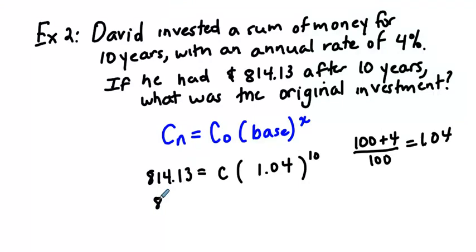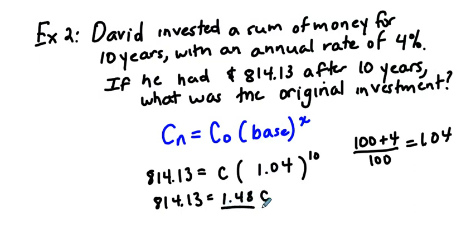Let's see if you remember this step. Convert to one value. 1.04 to the power of 10 is 1.480. And in math, we always put the variable after. So I didn't do that before, but I did it here.